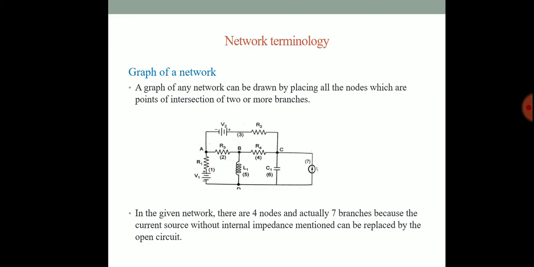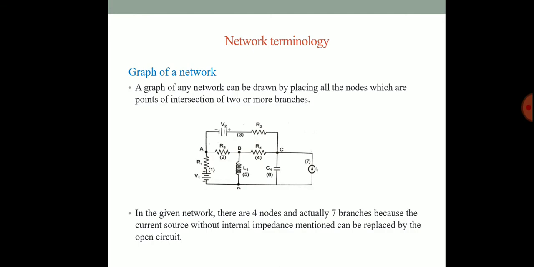A branch is a line joining two nodes which represents a circuit element. A graph of any network can be drawn by placing all the nodes, which are points of intersection of two or more branches. So the network elements are represented by lines joining nodes.